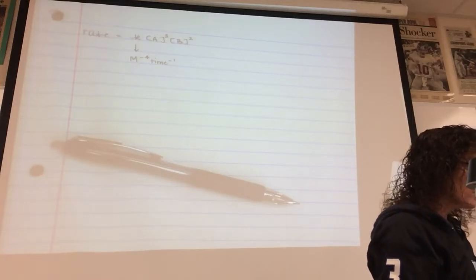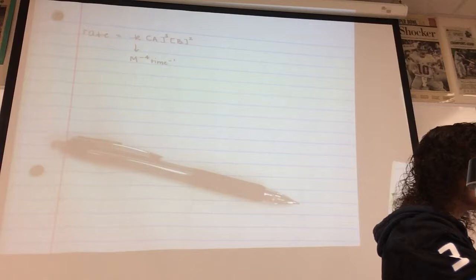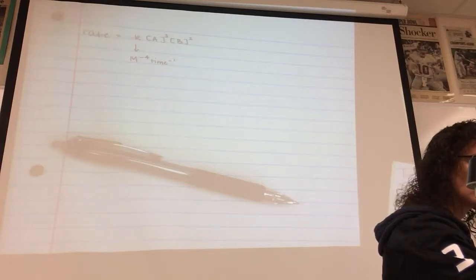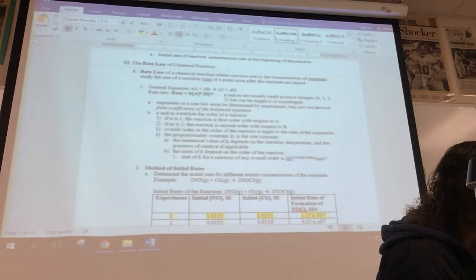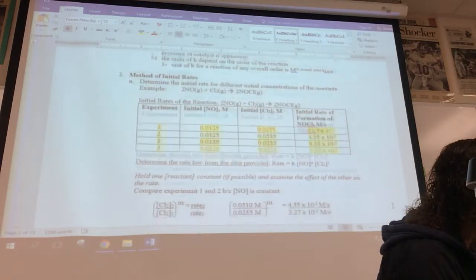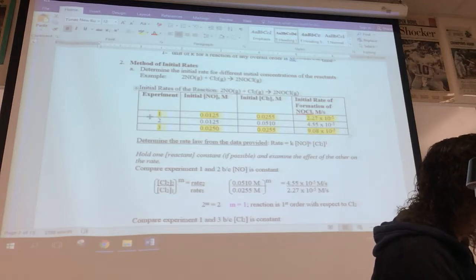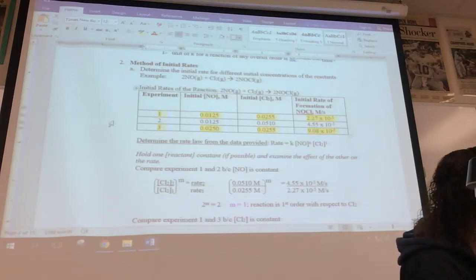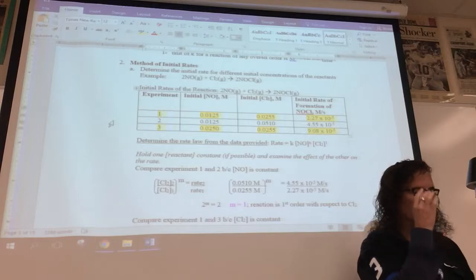We also had worked on determining rate laws from experimental data, and that is shown here. We had walked through this, and we'll do one from scratch to make sure that you've got it. Again, this is something you want to be able to do without a calculator.